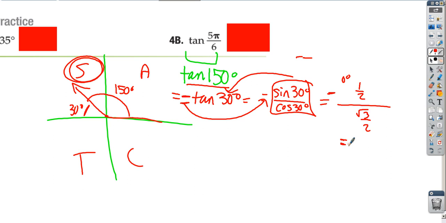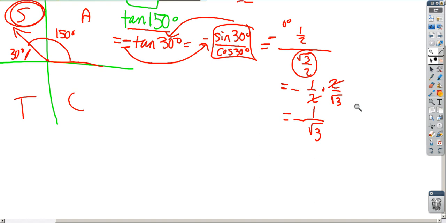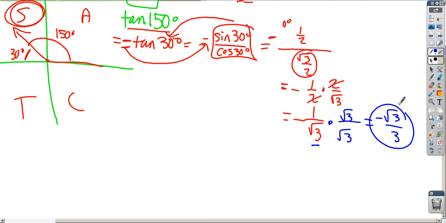And if we are dividing by a fraction, that's the same as multiplying by the reciprocal of that fraction. So these cancel. We're left with negative 1 over radical 3. The only extra thing we want to do here is rationalize the denominator, which means multiply by radical 3, and we'll get negative radical 3 over 3, and there's our answer.